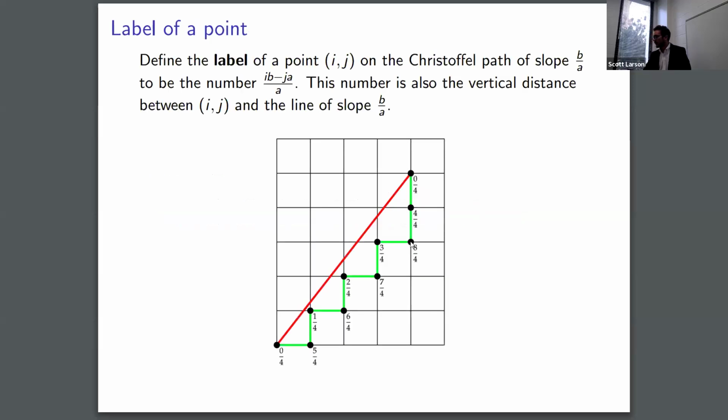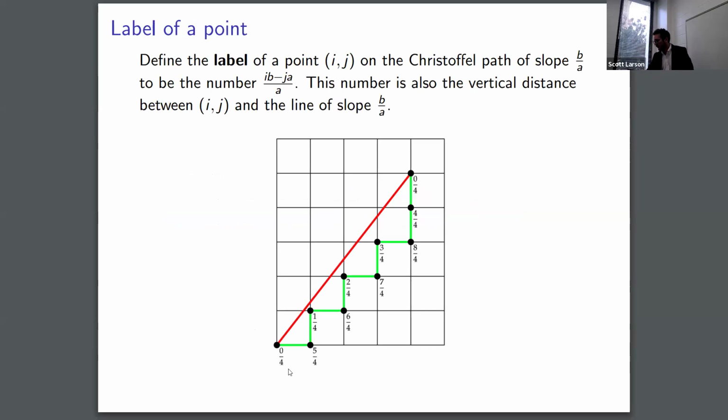We're going to define the label of a point, i, j on the Christoffel path, to be this number right here, iB minus jA over A. And this number is also the vertical distance between that point and the line of slope B over A. So as you can see down here, in this example, we have, looks like 5 over 4.